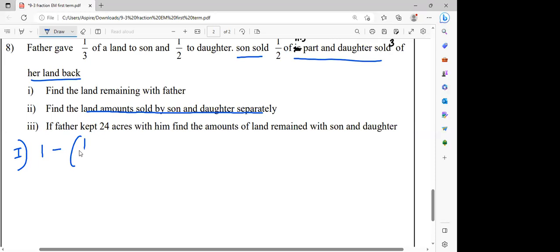Subtract 1/3 and 1/2 from 1. Here it is a sum of two fractions with different denominators. So convert them into one denominator.